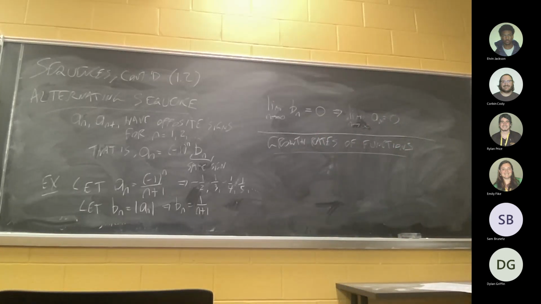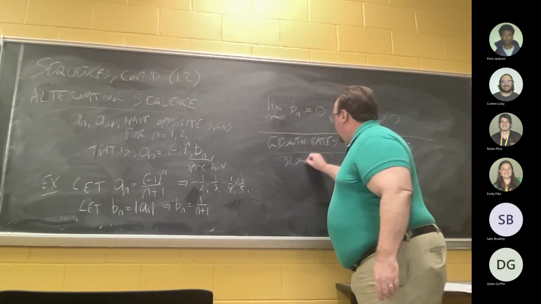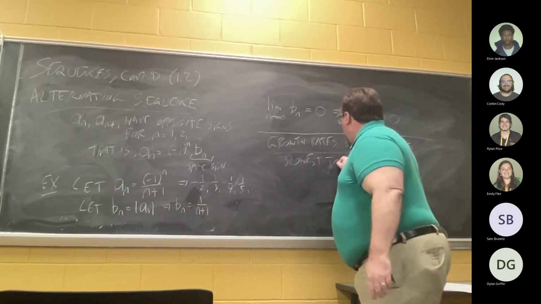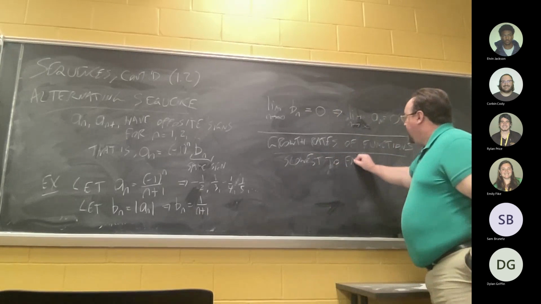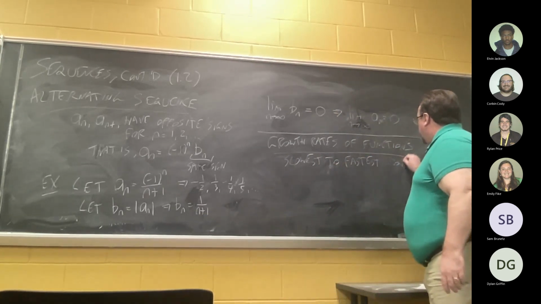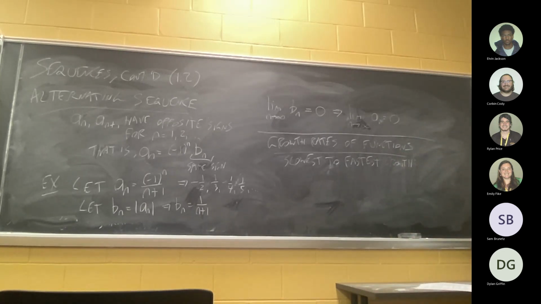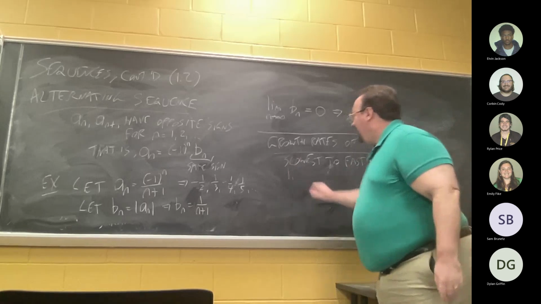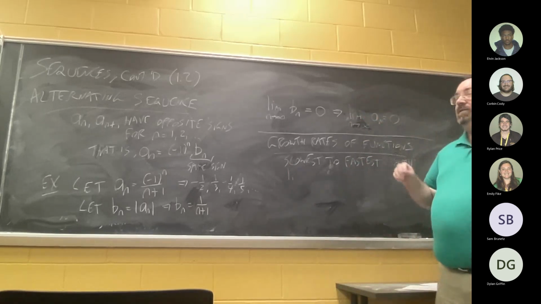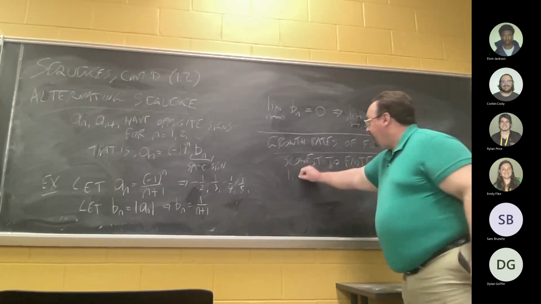So what I'm going to do is give you a hierarchy. I'm going to list categories of functions in order of growth rate, the slowest to fastest. A very slow growing type of function is the logarithmic function.